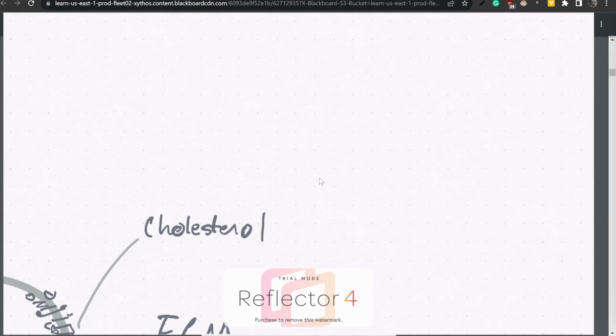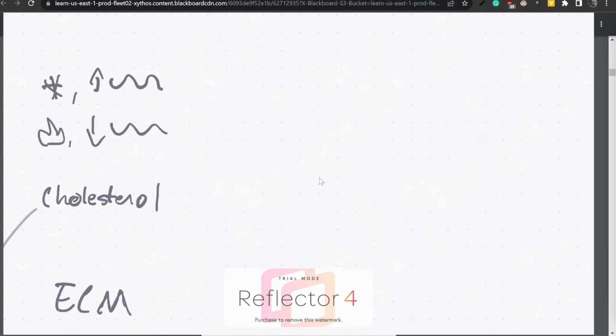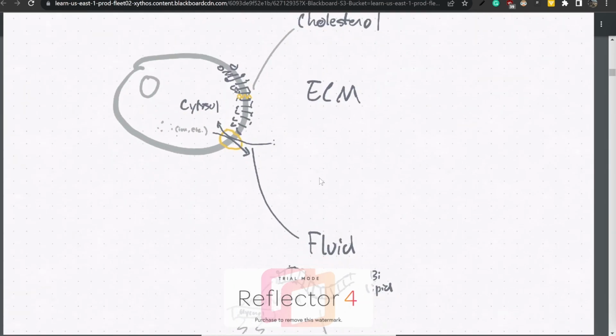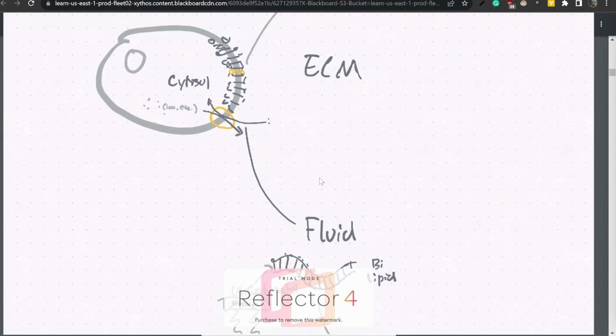So I'm just gonna write snowflake increases fluidity like this, and then I'm gonna write if it's hot. So I'm gonna draw fire. It decreases fluidity. So overall, this tells me that cholesterol is kind of like a buffer for the membrane. So this is what I remember.